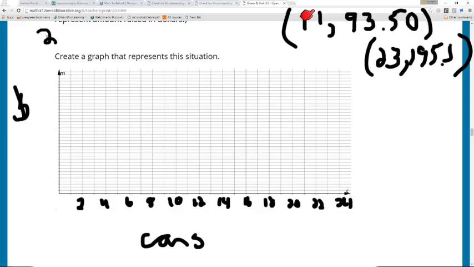And here on the, oh shucky darns, yeah, that'll work, sorry. And then here, my highest number is 195.50.